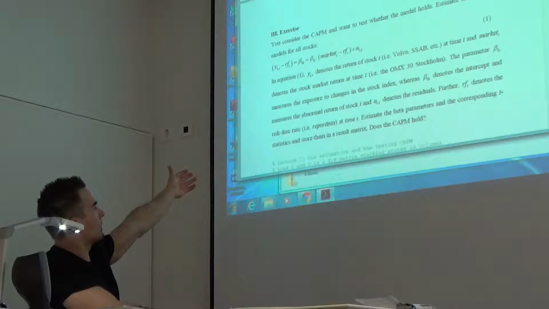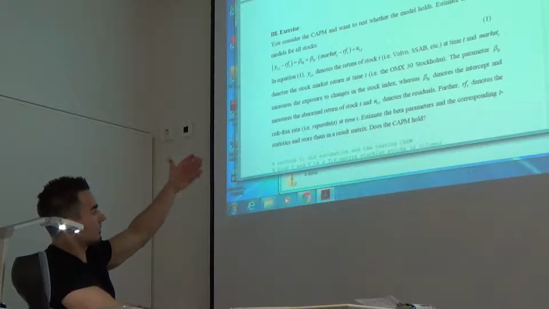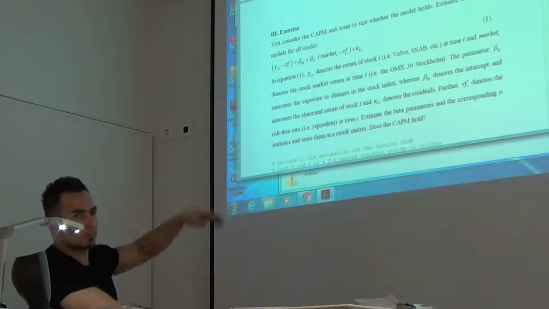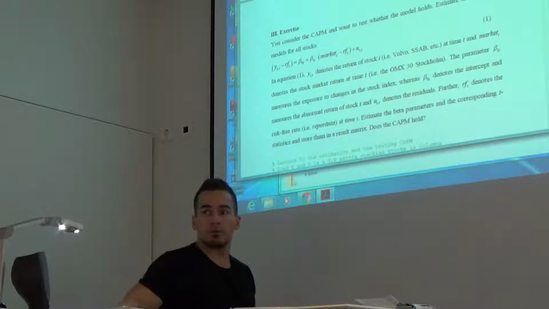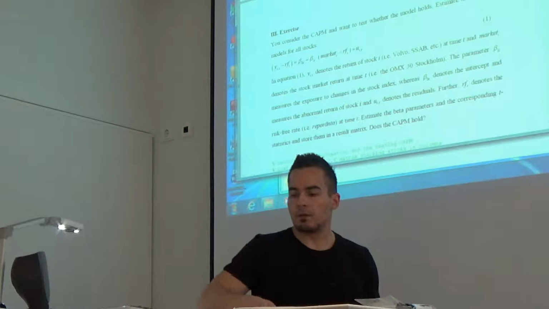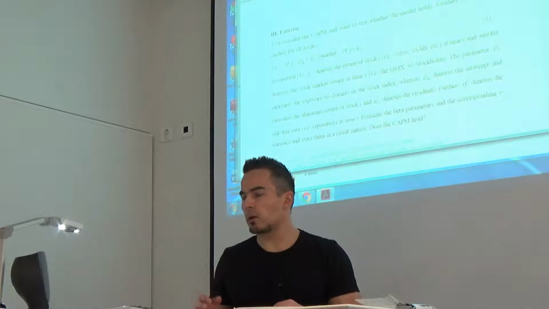Beta 0 measures the abnormal return, respectively the mispricing, because it's the systematic part of the error term. That's the way you can interpret it. As risk-free rate, we use the repo rate, the interest rate in Sweden, which was actually negative. The real interest rate in the Swedish economy was actually negative.